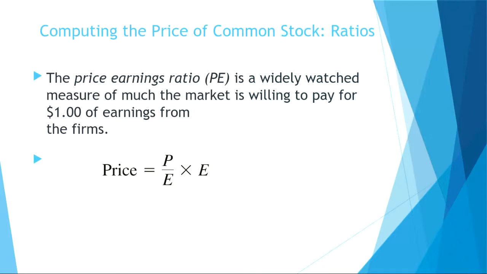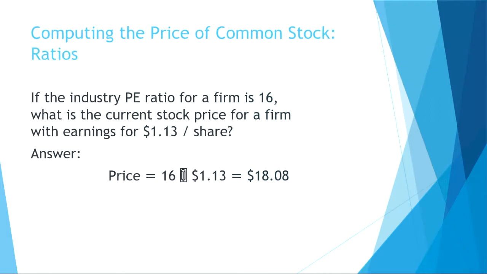As an example, here is a basic example in the next slide. Assume that the industry average price earnings is 16, and you know that your targeted company's earnings are 1.13 per share, then your targeted company's price should be something around $18, right? Based on these earnings, the price should be around $18.